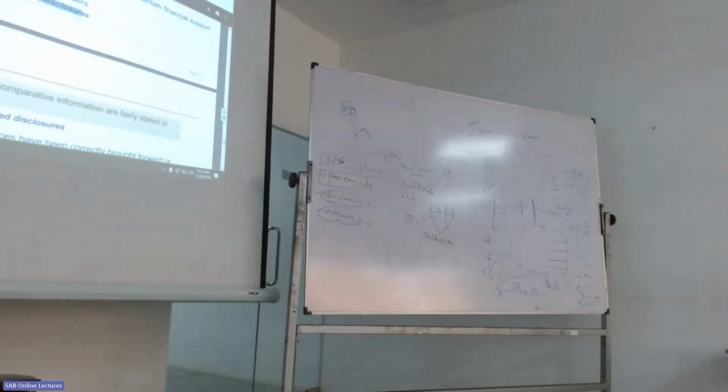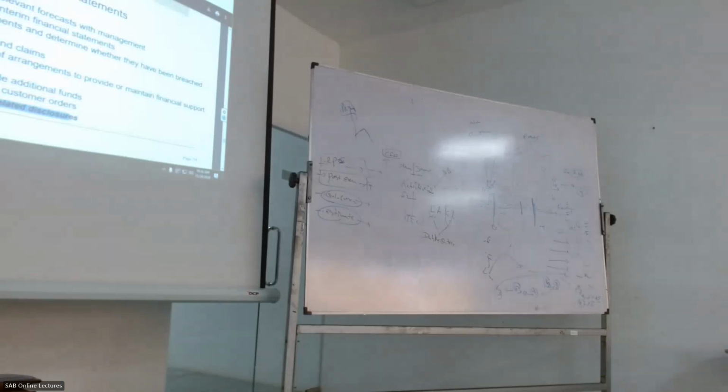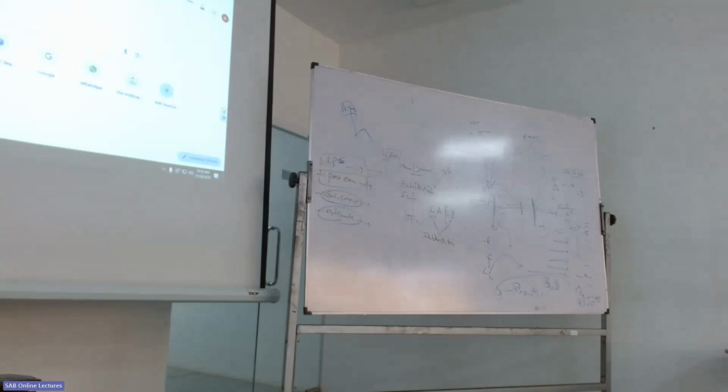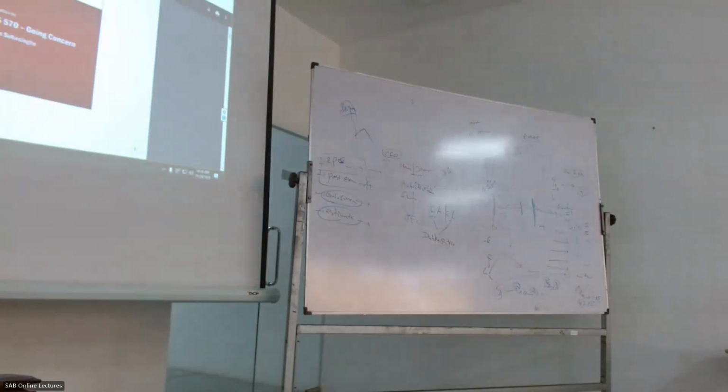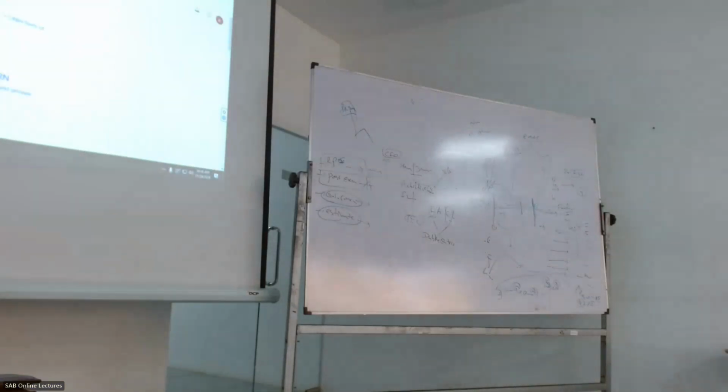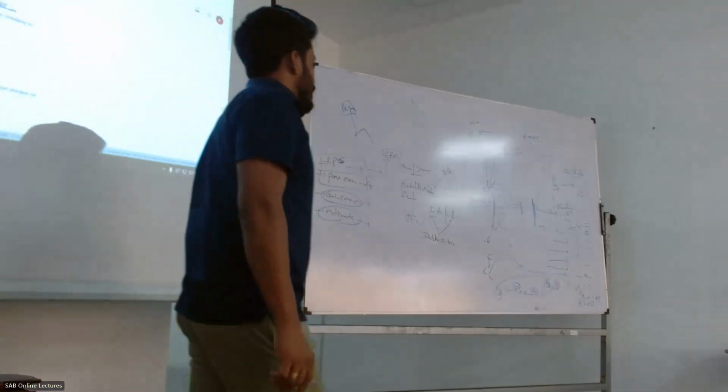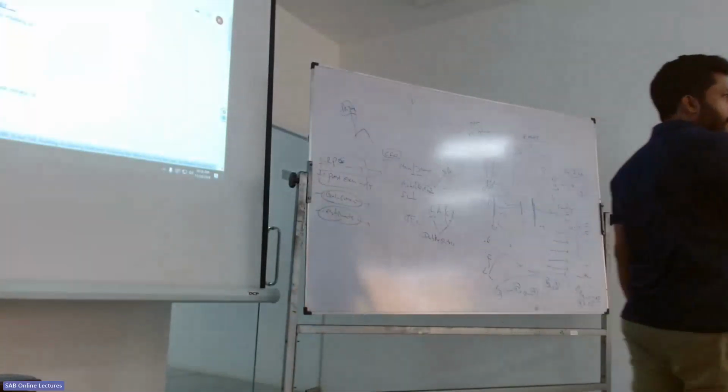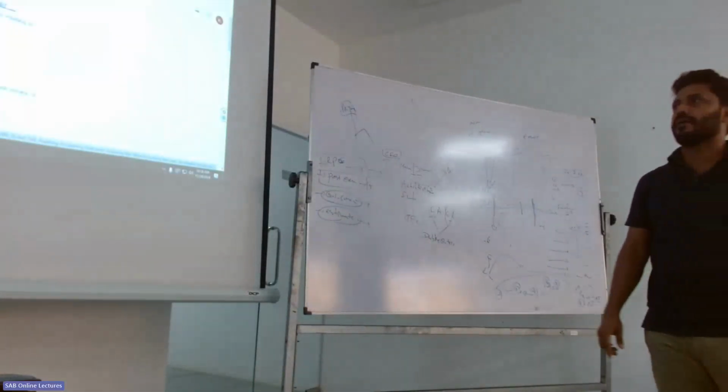Not accounting estimates and related disclosures. 540, I think, is the accounting estimates standard, right? I updated the slide again.